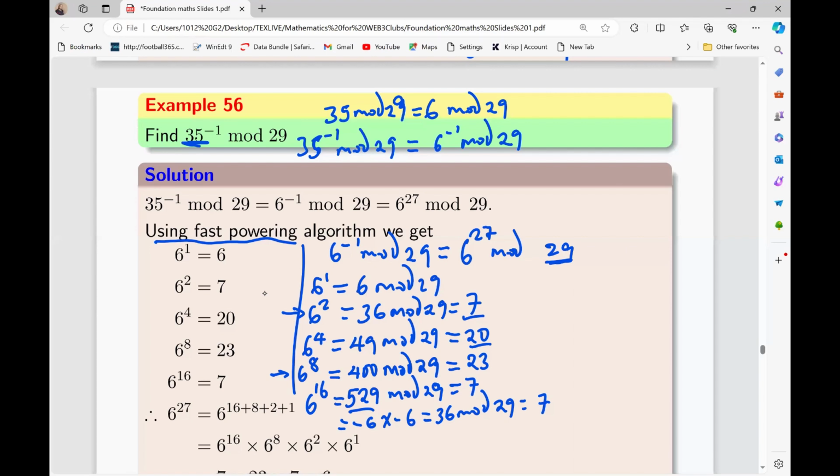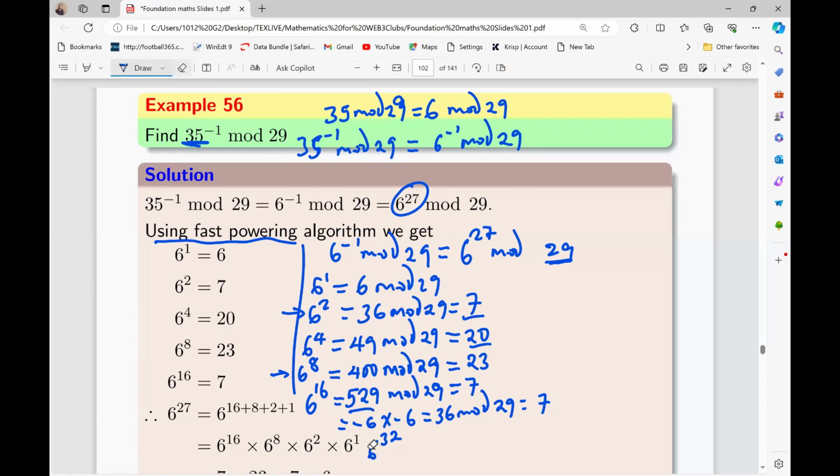Now, we're squaring the line just above. Let's try to square it again: 6 raised to 32, and we discover that it's beyond what we want, because what we want is 6 raised to 27. So we cannot square again. We have reached the end of squaring.